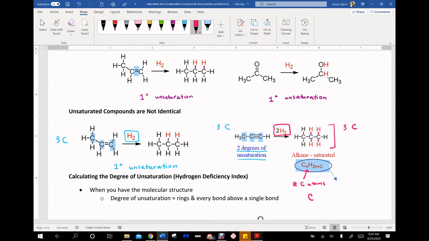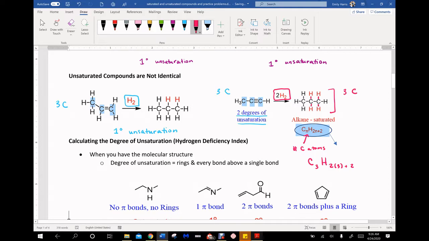And so the way the formula would look is you would have 3 carbons, and then for the hydrogens, it would be 2 times 3 plus 2. What that would mean is that a saturated compound should have the formula C3H8. When we take the 2 times 3, that's 6, plus the 2, that gets us to 8.